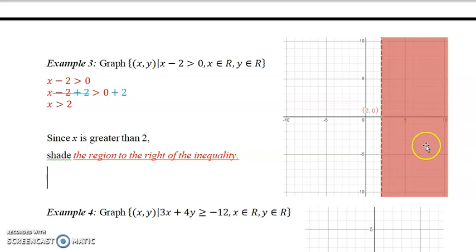All right? And again, this cannot be done with the graphing technology. And the reason it can't be done with the graphing technology is because you have to have a function in your graphing calculator. Okay? Where this is not a function because for every value of x, there's more than one value for y. Right? X is always equal to 2, and y is an infinite number.